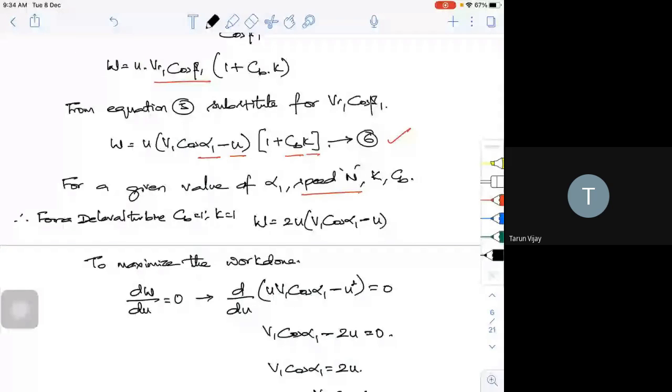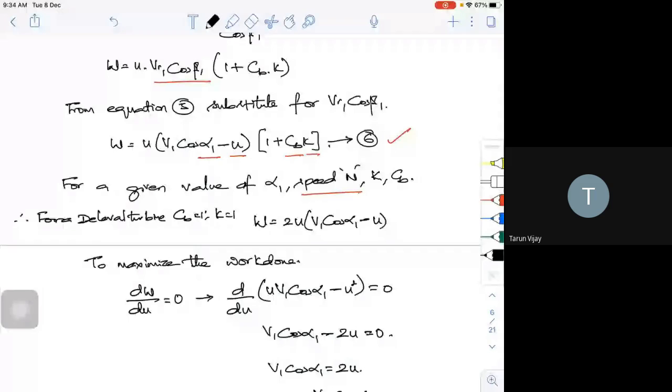Is that clear? You can raise your hand, we can take a further discussion before I move to the reaction turbine.